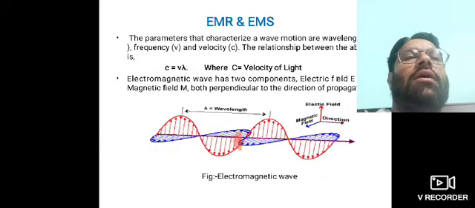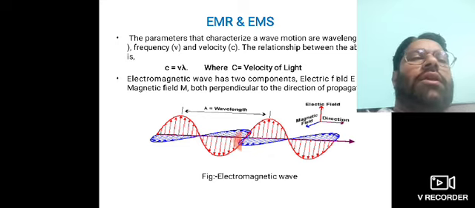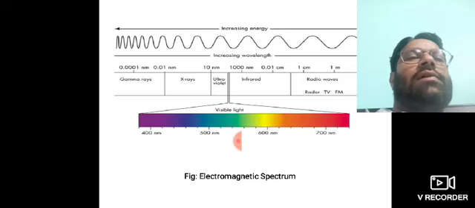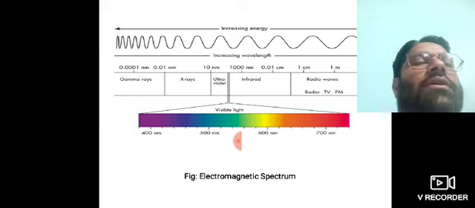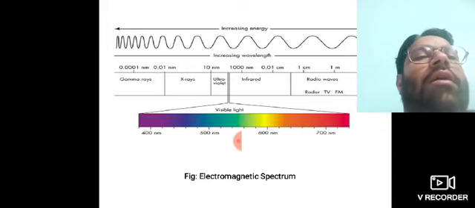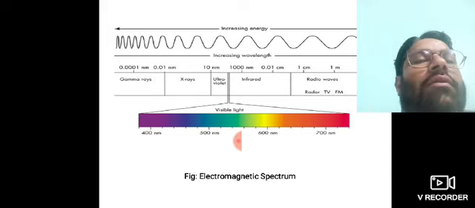What is EMR? EMR is electromagnetic radiation. It has two components, electric field and magnetic field, and both are perpendicular to the direction of propagation. This is the structure of the electromagnetic spectrum. It ranges from gamma rays to radio waves. Once you move from left hand side to the right hand side, from gamma rays to radio waves, the wavelength increases, energy decreases, and frequency also decreases.